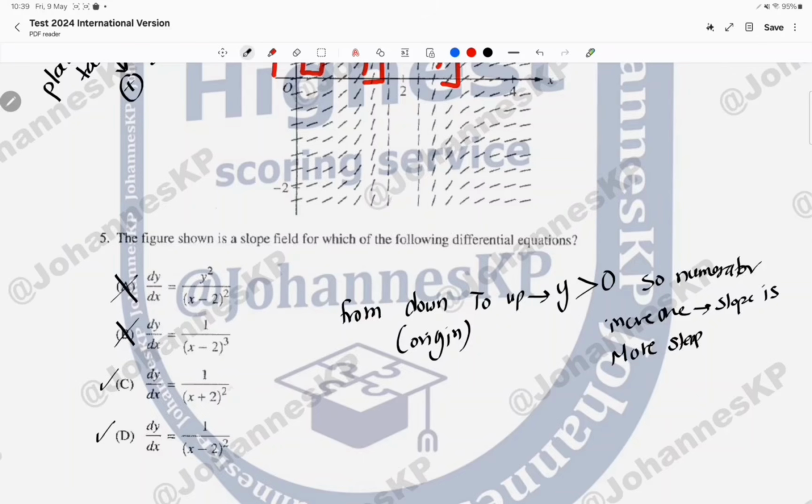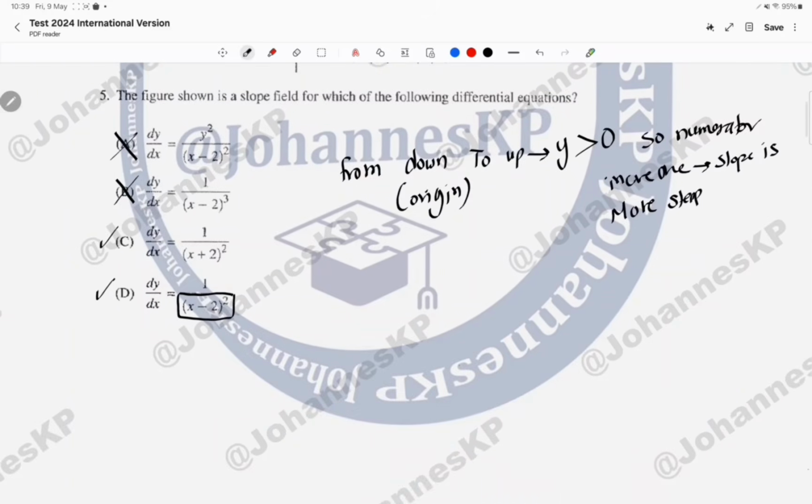Either C or D. So how are they going to be different from each other? They're both going to be positive, okay? But let's look at this one. Here, as we go from left to right, let's say as we go from the origin to x of 2, will this have a vertical asymptote?